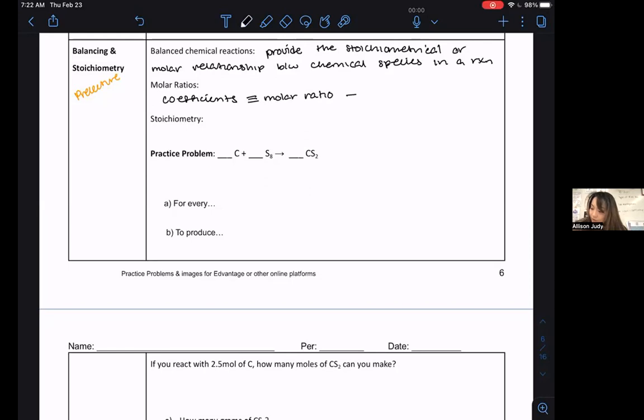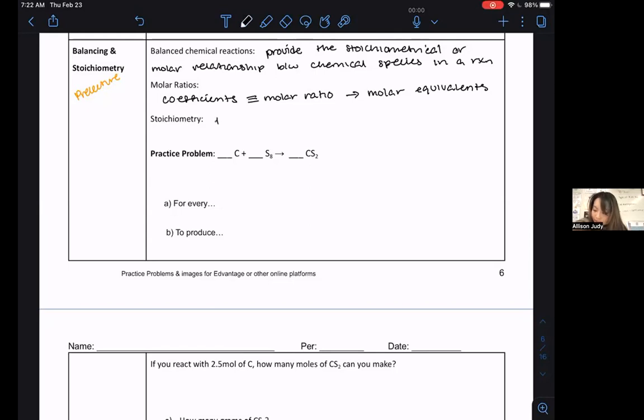And therefore, because we have an equivalence, we are now provided what we call molar conversion factors or molar equivalents, that we can then do dimensional analysis with. And dimensional analysis with the mole from the balanced chemical reaction is stoichiometry.